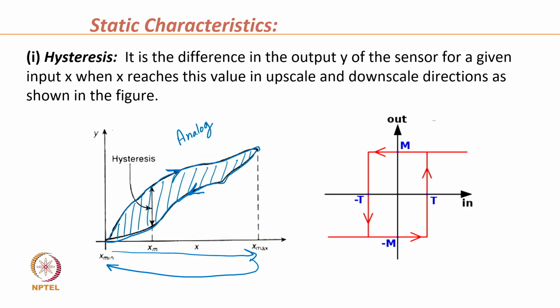However, in the digital case it looks like this. When input is changed from low to high, it follows this path, but when coming back from high to low value, it follows a different path. So, this is a digital case where a Schmitt trigger produces this kind of hysteresis loop.